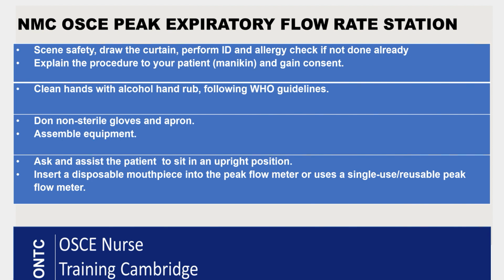Make sure your mannequin is in an upright position, because we should be doing peak flow reading in an upright position. Next, you're going to attach a disposable cardboard mouthpiece, which you will be given. Take one of the disposable mouthpieces and attach it to your peak flow meter.